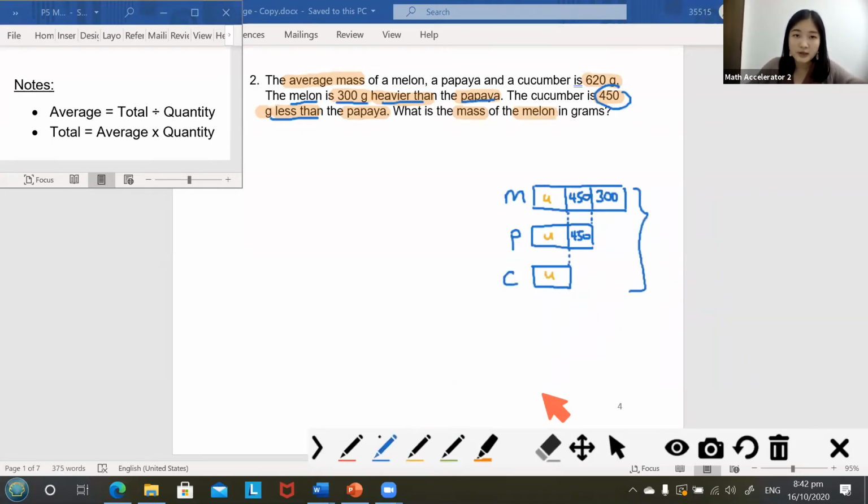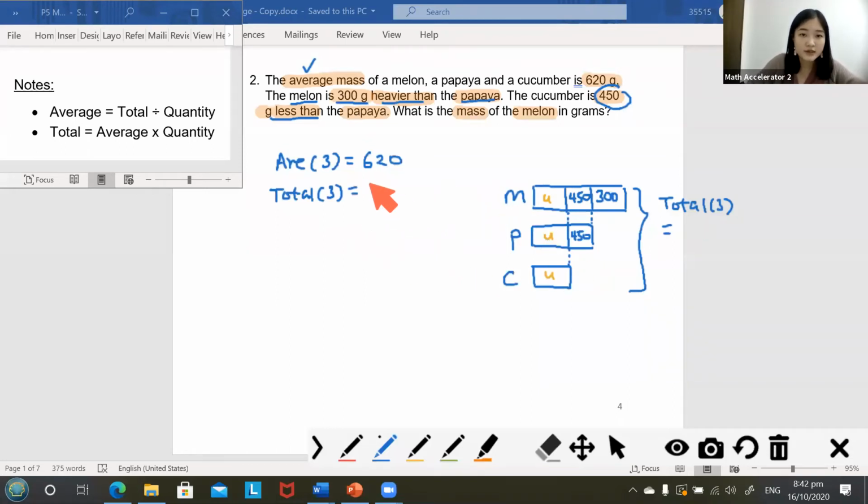Right, and now we need to label our total. Is the total given? No. What is given? Average again. Okay, so using the average, let's find the total. Average of the 3 fruits, right, 620. To find total of the 3.